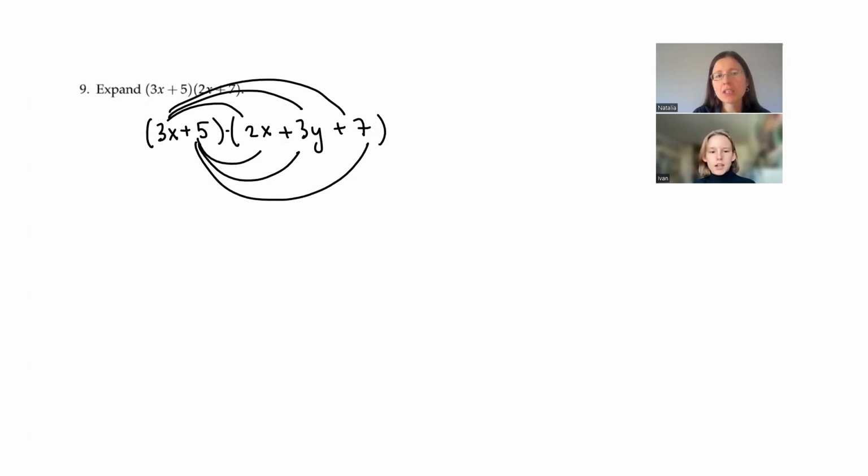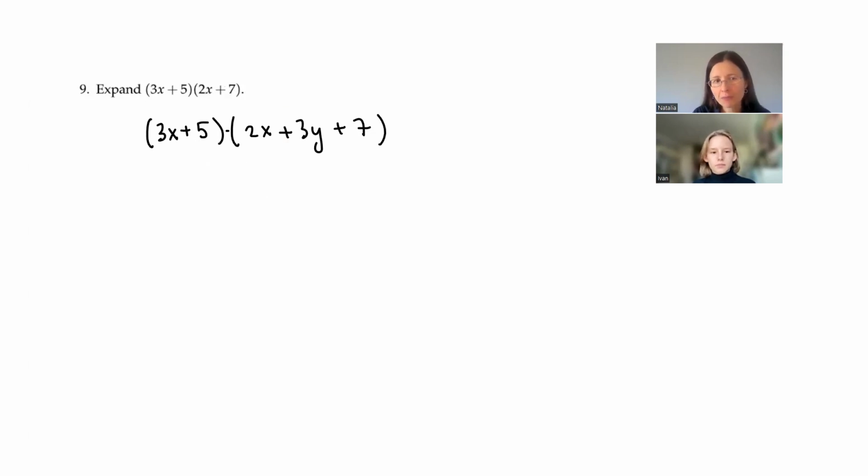So we will get 6 terms, but maybe some of them will combine. So each term from the first parenthesis times each term in the second parenthesis, and then combining the like terms.